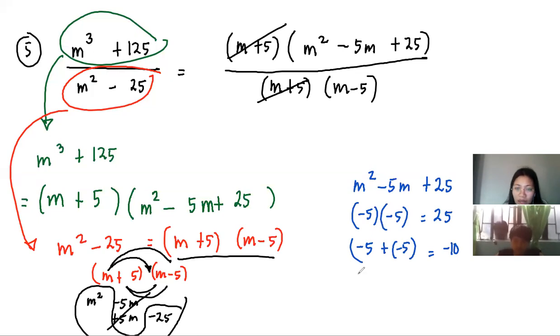How about positive 5 and positive 5 will give you positive 25 over, tapos yung isa, 5 plus 5 is equals to 10.